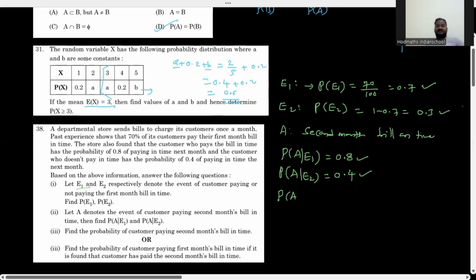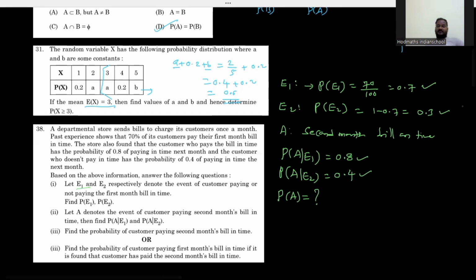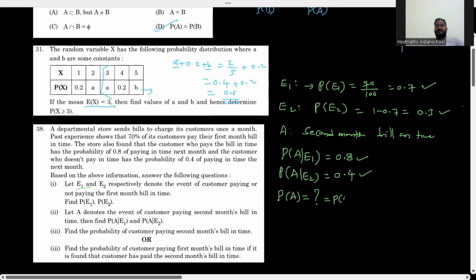Paying the second month bill in time means P of A is equal to how much? So P of A is nothing but you need to find out the total probability. So what is the formula for total probability? P of E1 into P of A given E1 plus P of E2 into P of A given E2.